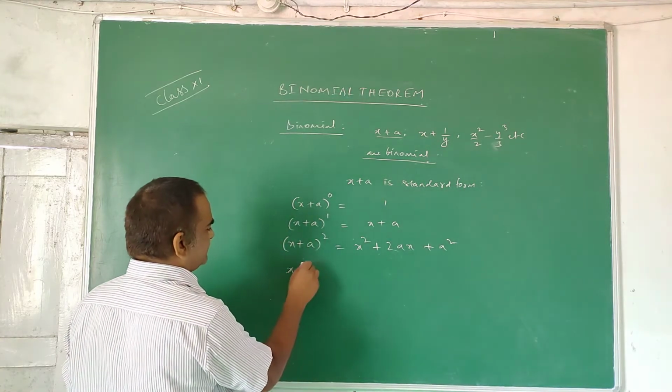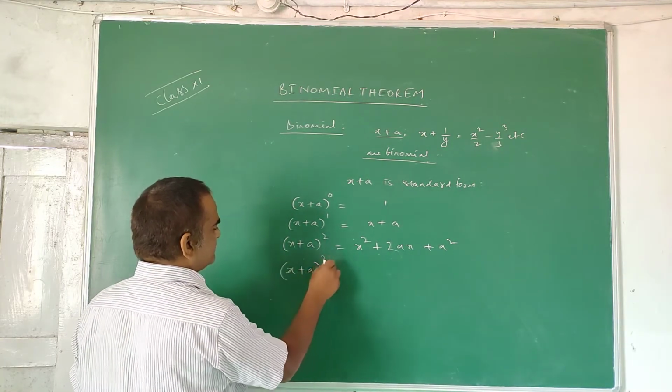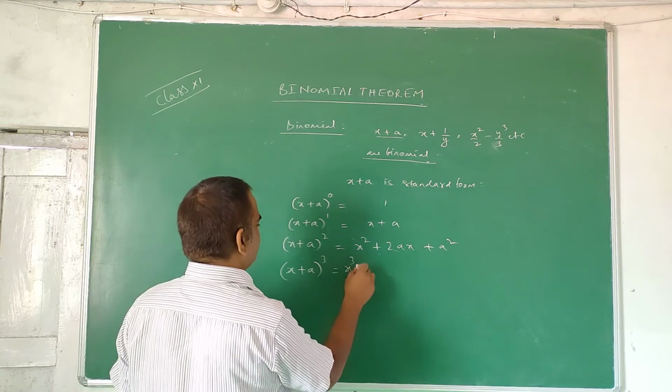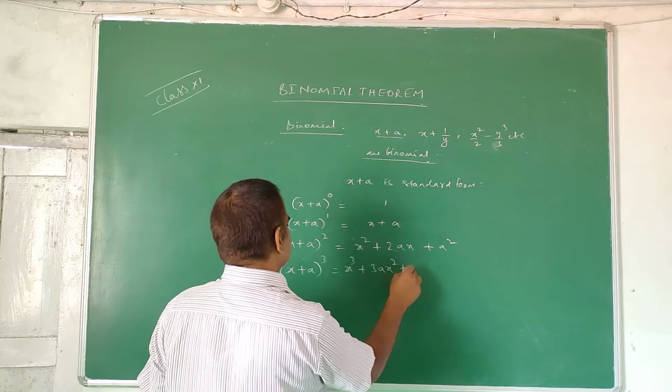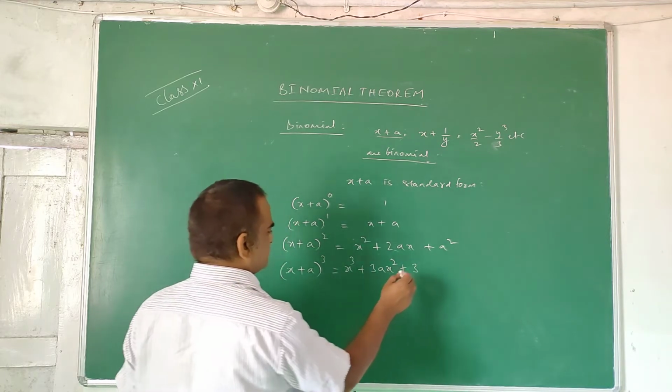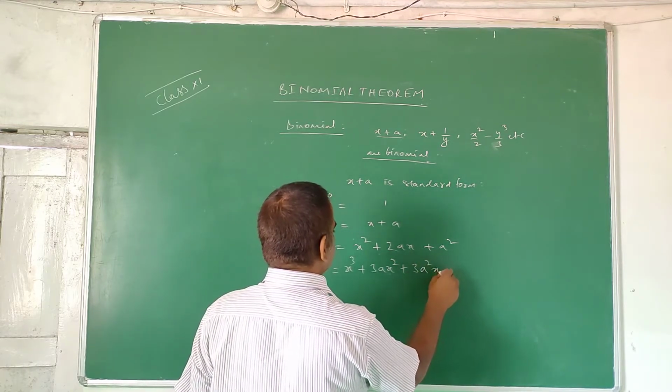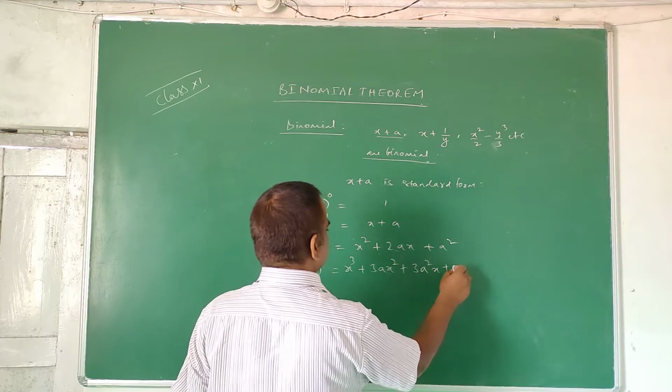If we observe x plus a whole cube, it is x cube plus 3ax square, are you following? 3a square x plus a cube.